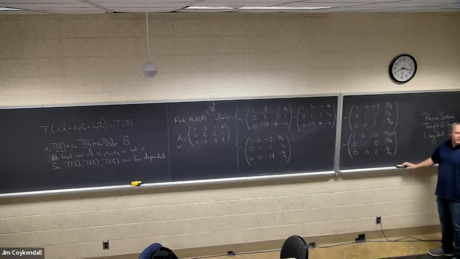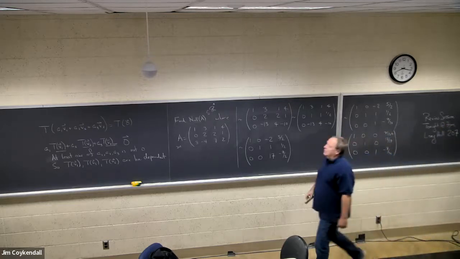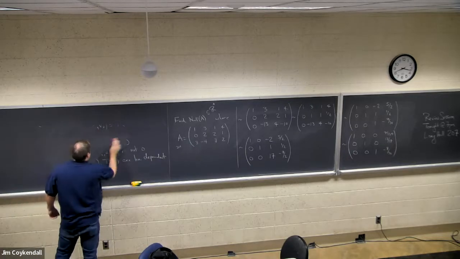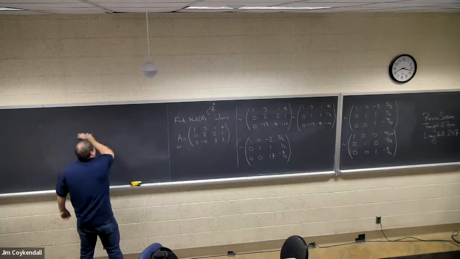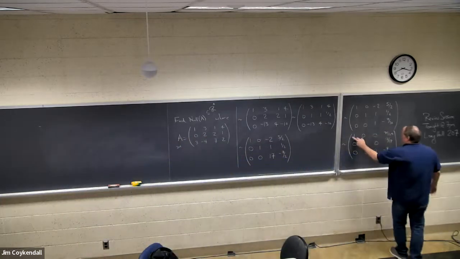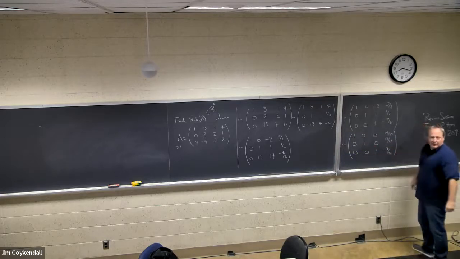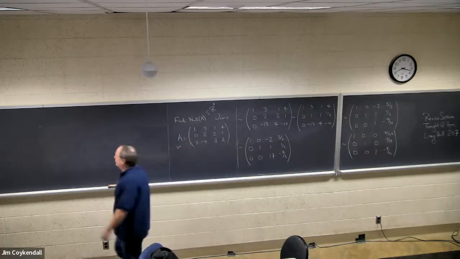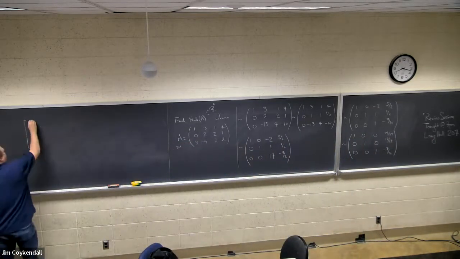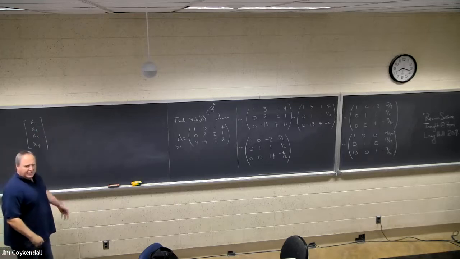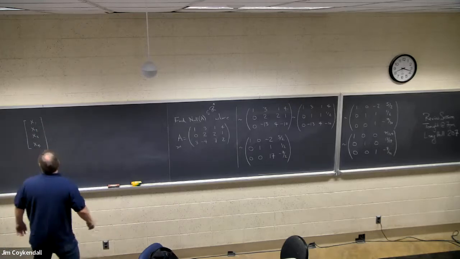And now I've got to write the solution. So the solution to this homogeneous equation, notice this turned out the way we predicted, right? The basic variables, and the X4 is free, right? So my solution should look like this. X1, X2, X3, X4. Well, let's see. We have the equations here.